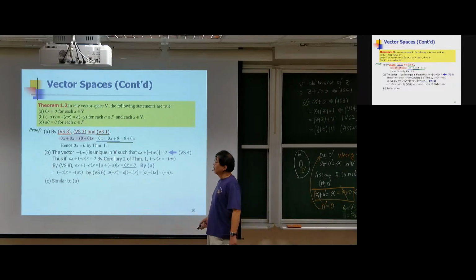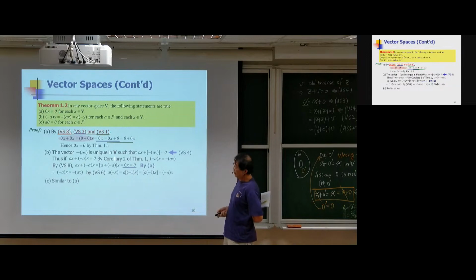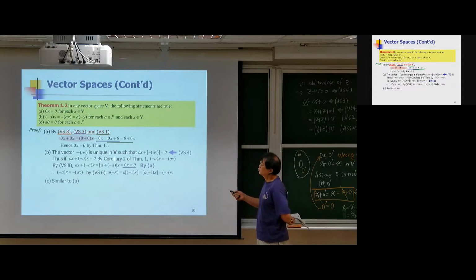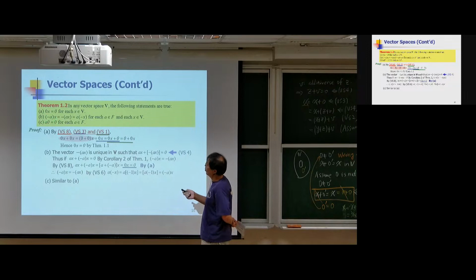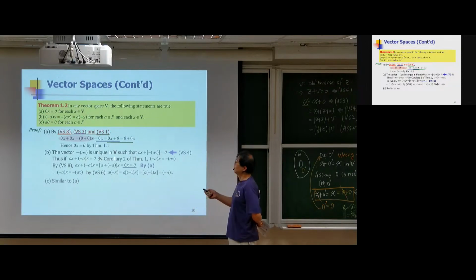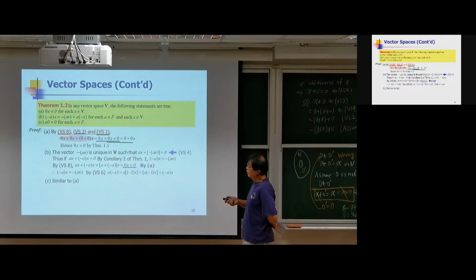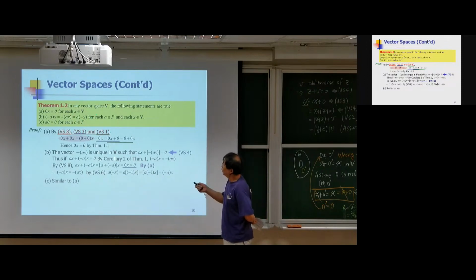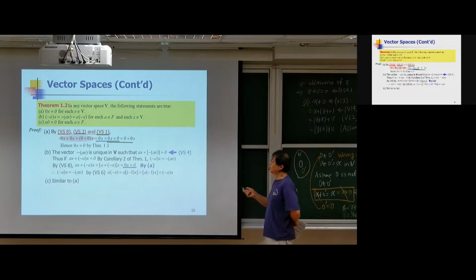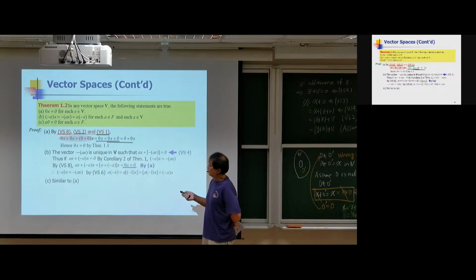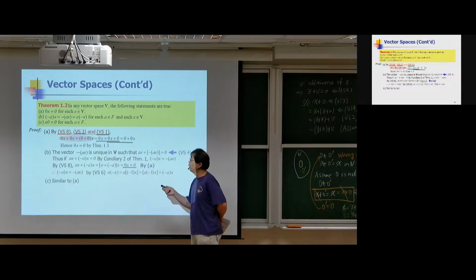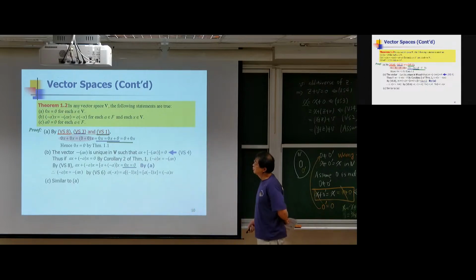The first one is that 0 times a vector x equals 0 vector for each x belongs to vector space V. And B, minus a times x equals minus (a times x) first, and then equals a times minus x, a times its additive inverse, for each a belongs to a field, and for each x belongs to vector space V. And the third one is that a scalar times 0 vector will be equal to 0 vector for all the scalar. So here we need to prove A, B, C.